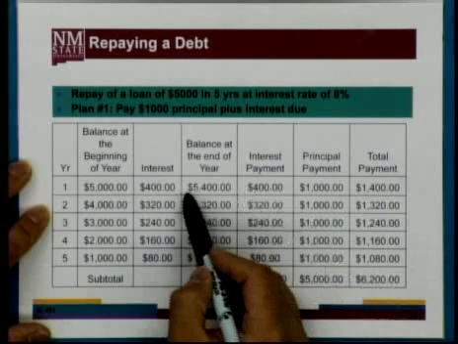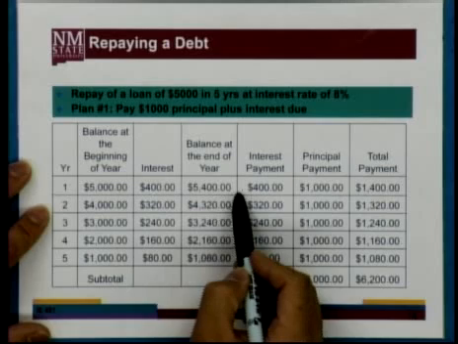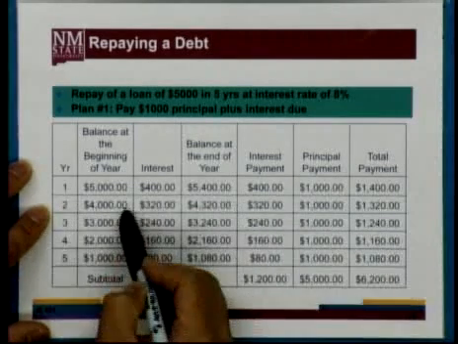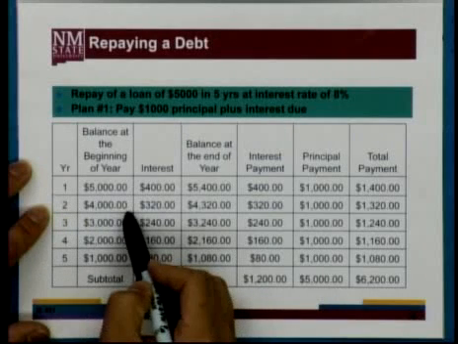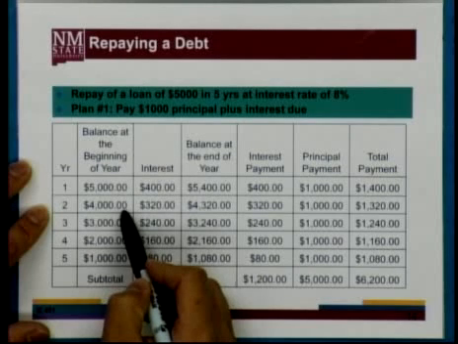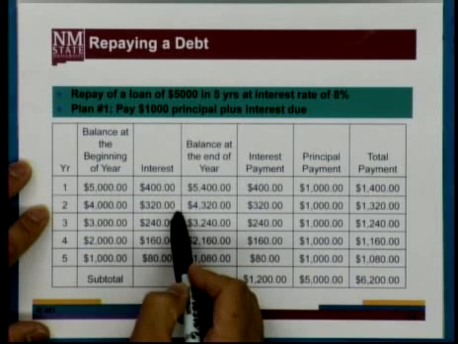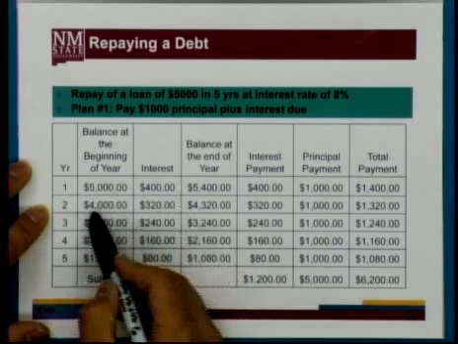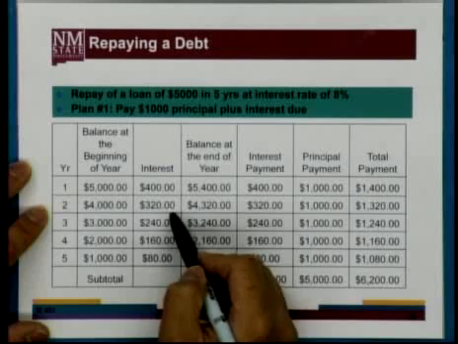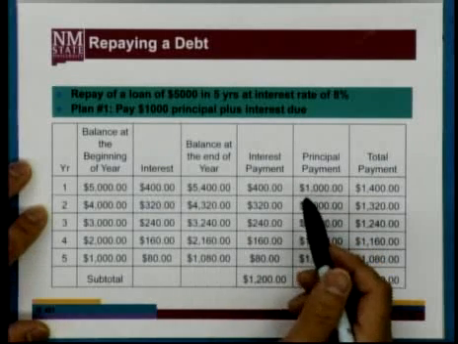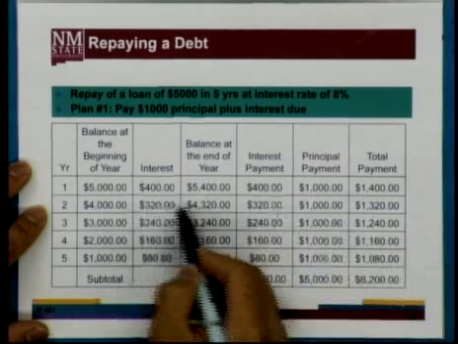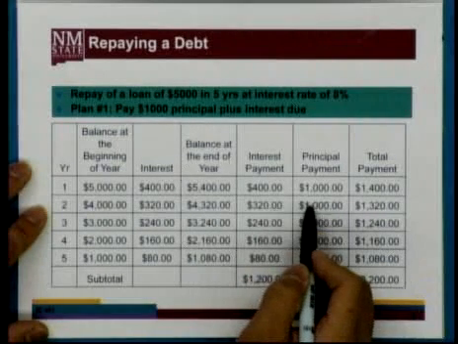So 5,400 minus 1,400, which is $4,000, is left over.